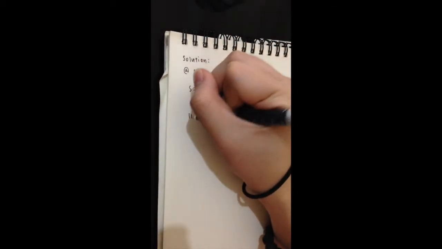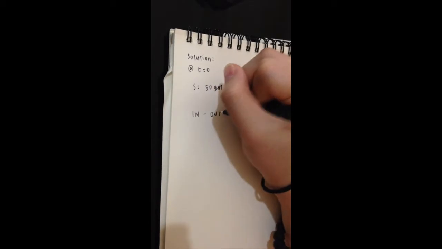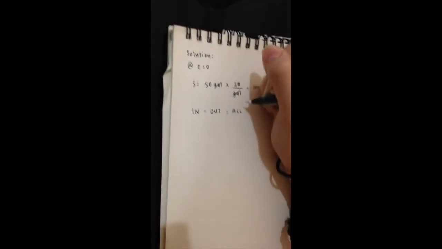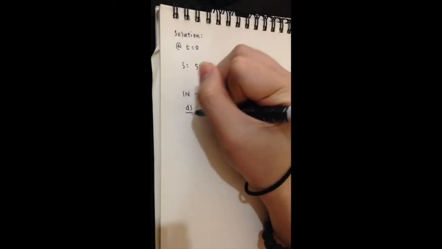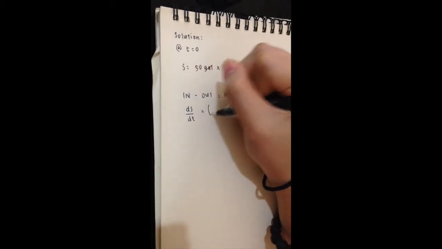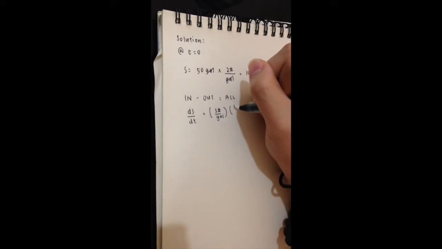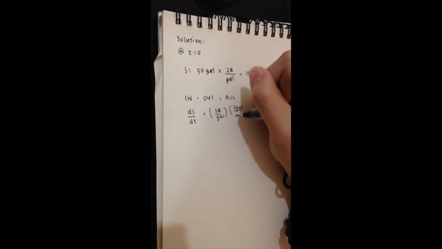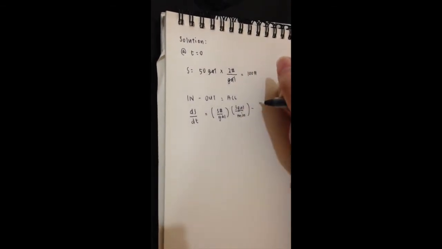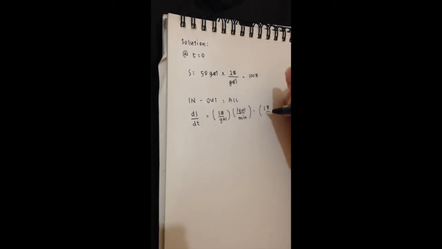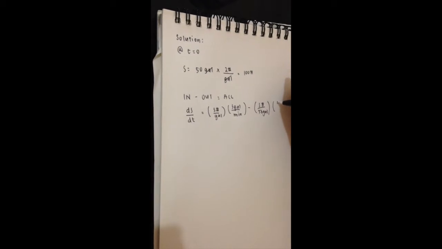So rate in minus rate out gives dS over dt equals 3 pounds per gallon times 3 gallons per minute minus S pounds per 50 gallons times 3 gallons per minute.